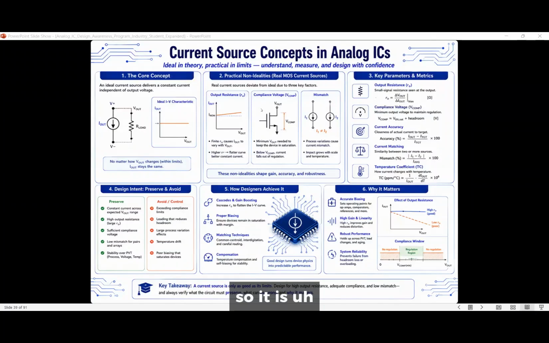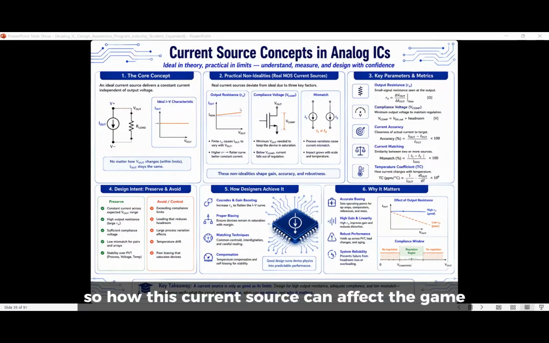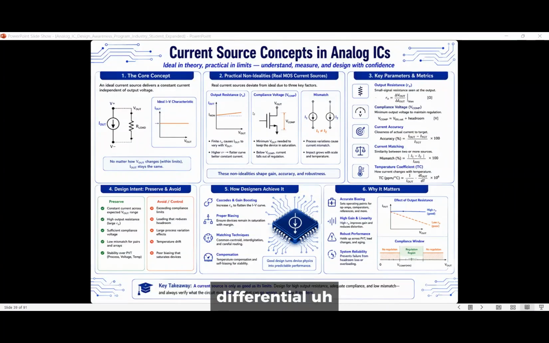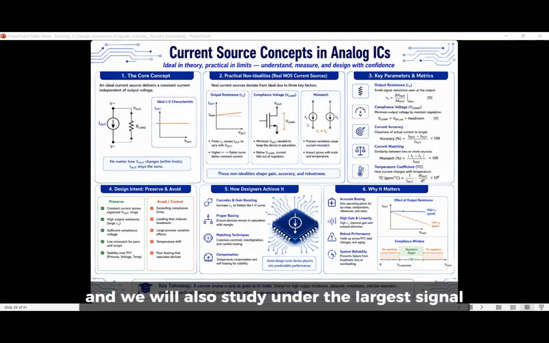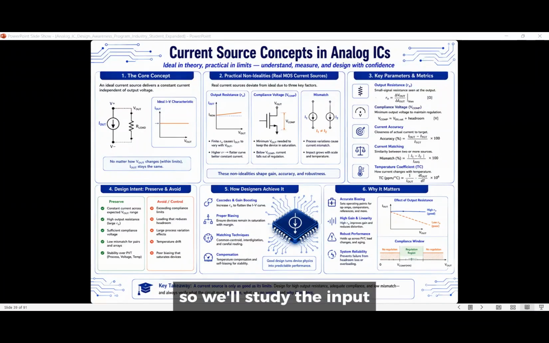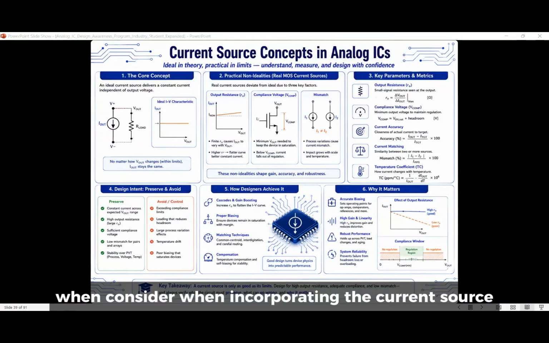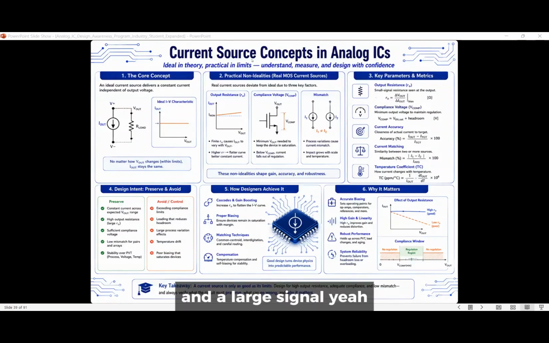How can this current source affect the gain, or does it not affect the gain of the differential topology? And we will also study, under large signal, what the role of this current source is. So we will study the input-output characteristic of the differential pair when incorporating the current source, under both small signal and large signal.